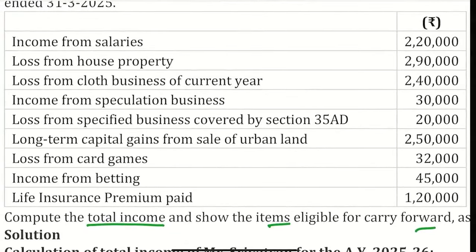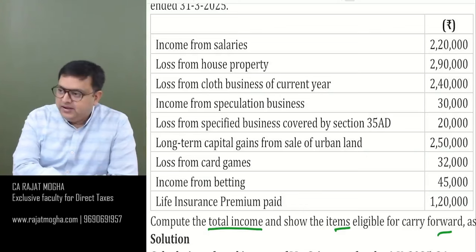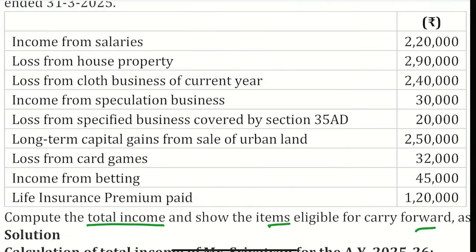Okay. So we have been given income from salaries. Income from salaries is 220. Positive. Loss from house property 290. Guys, it's a loss. We are following optional regime. Can it be carried forward? Can it be set off from salary or not? Let's say there is no other house property. Can it be set off from salary or not?